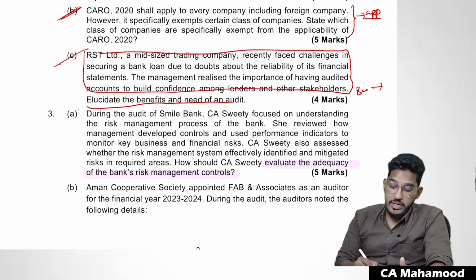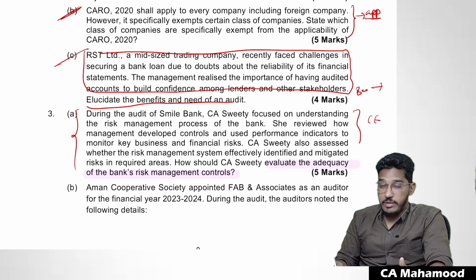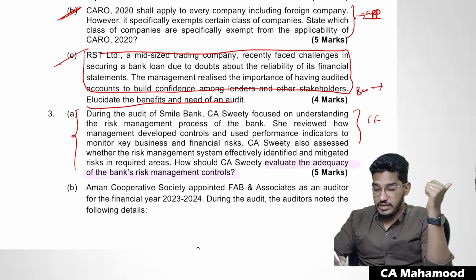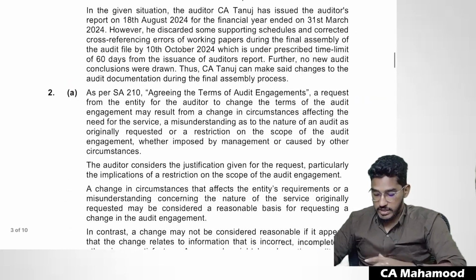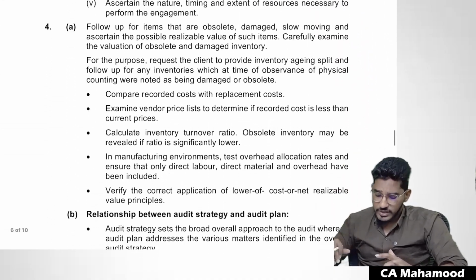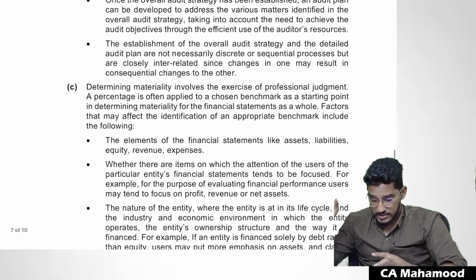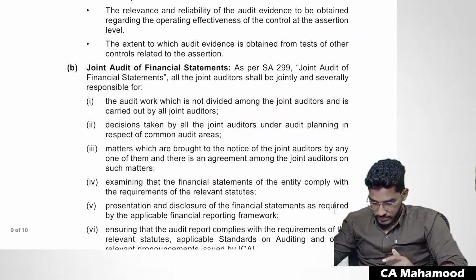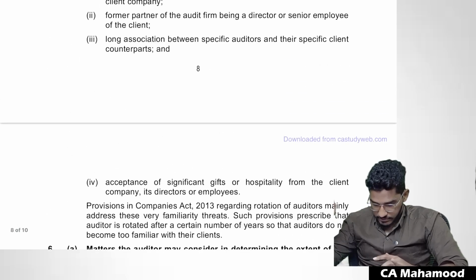So this we have discussed in our regular class. The answer will be similar to the control environment. Whether those charged with governance are participating or not, the involvement of those charged with governance. Let me show you the answer also. The risk management system in the case of banks will be very similar to the control environment. We drew the similarities in our regular class between the control environment and this question. So where is it? I think we have crossed it.